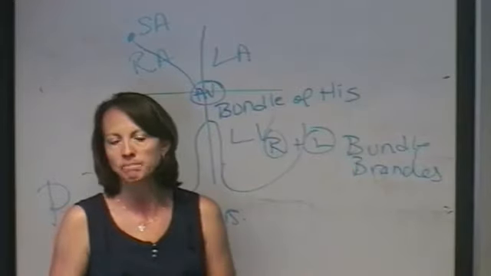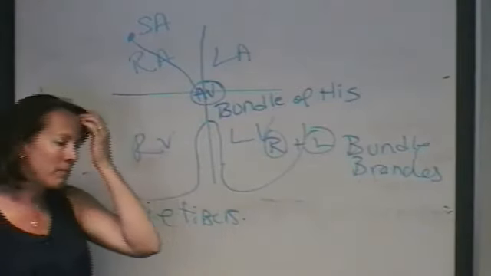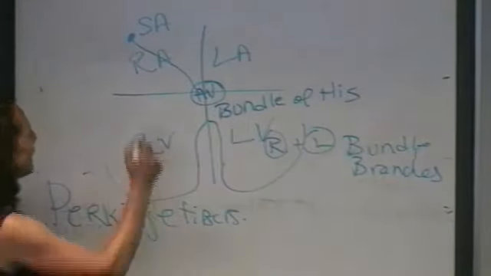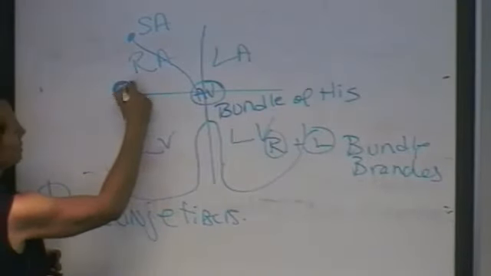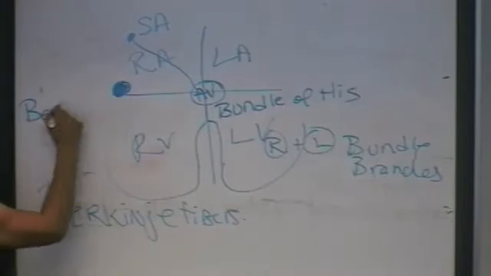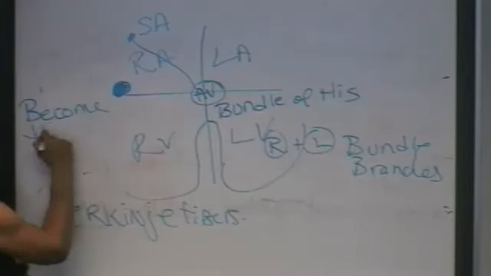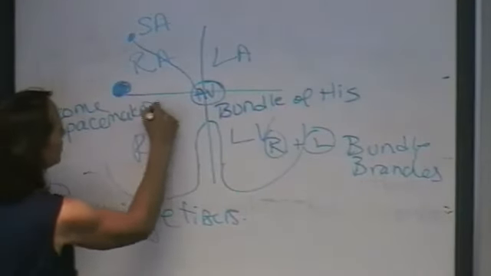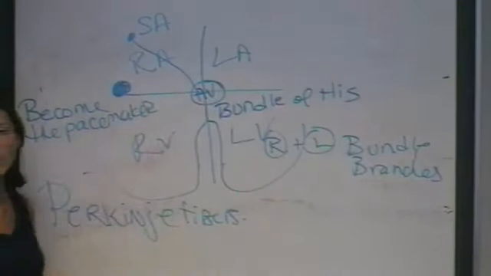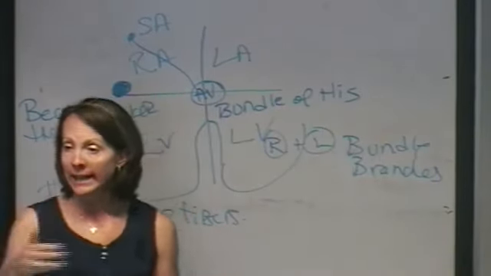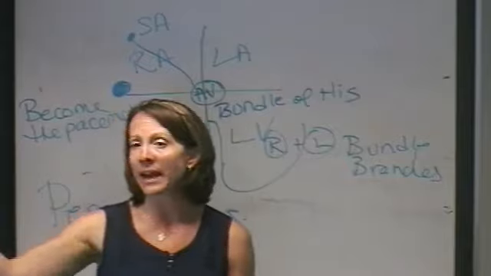That wouldn't work, okay? So what can happen in the heart when we get damage to it is we can get an area, I'll just put it over here, of cells that become the pacemaker. Their signal is stronger than the SA node, and they pick up an atypical pattern. It can either be tachy or bradycardic.